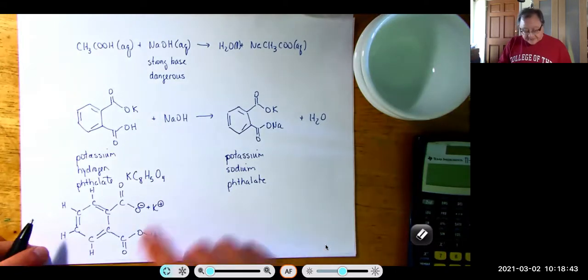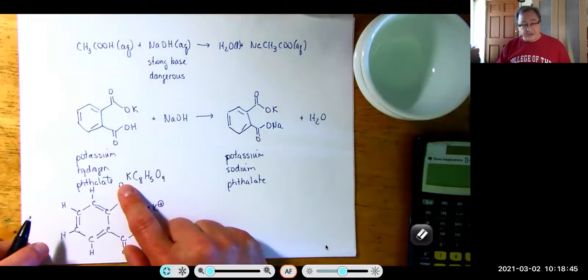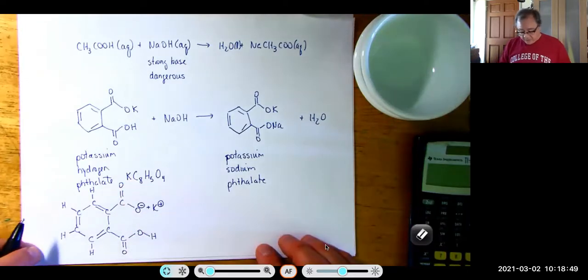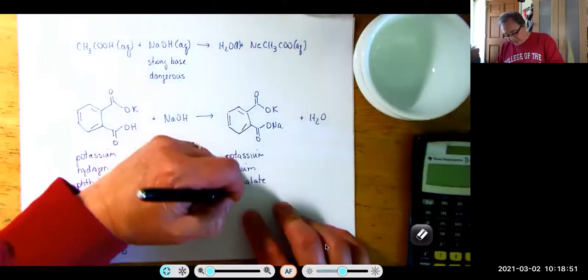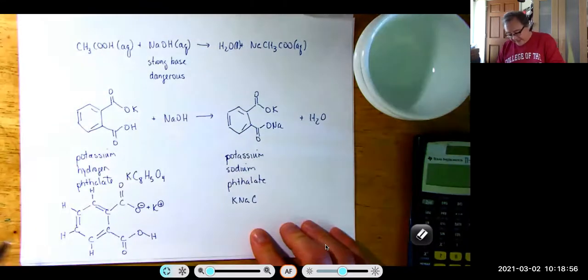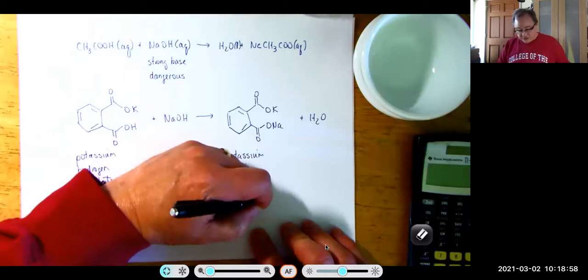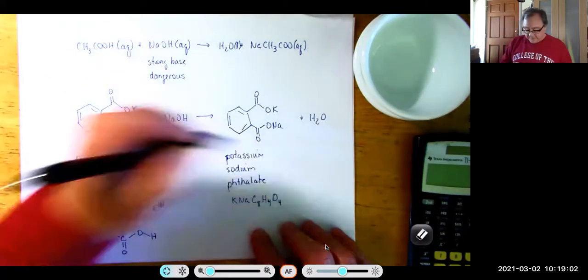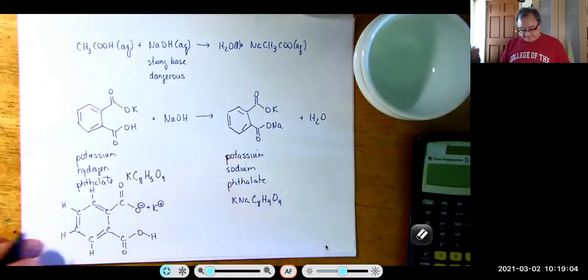And again, because it is an ionic compound, a metal and nonmetals, you want to put the cation first, so potassium. Over here, we would put the potassium, sodium, and then it would be C8H4O4, potassium sodium phthalate. Okay.